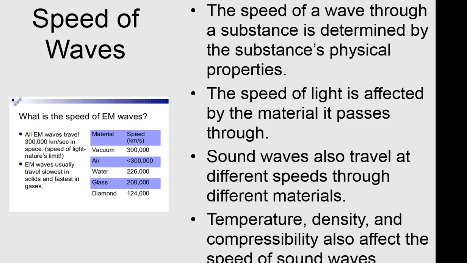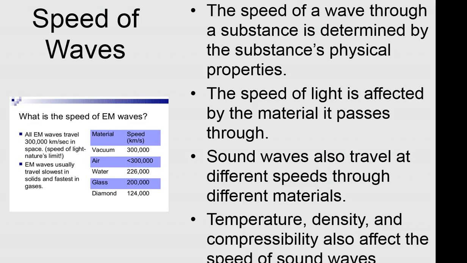Sound waves do the same thing. They also travel at different speeds through different materials, and we'll play with this in class a little bit with some tuning forks. Temperature, density, and compressibility can also affect the speed of sound waves. If we increase or decrease the temperature of an object, we can speed up or slow down the speed of sound.